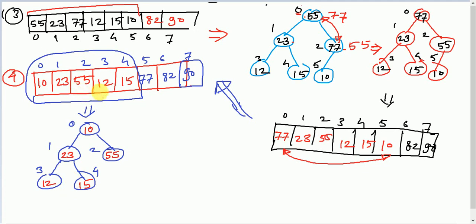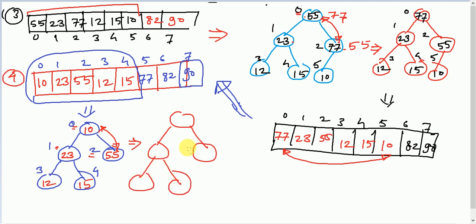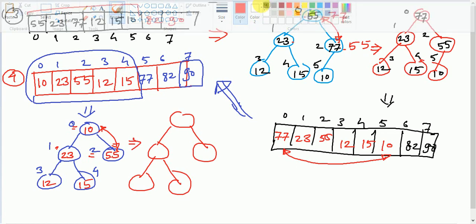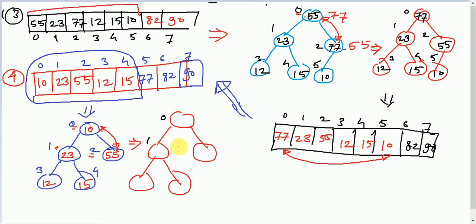Since only the 0th place has violated the rule of max heap, I'll look among these three, the 0th, first and second index, and the largest is 55. So I'll swap 55 with 10 and then I'll get the max heap as 55 will come here, 10 will go here, 23, 12 and 15.